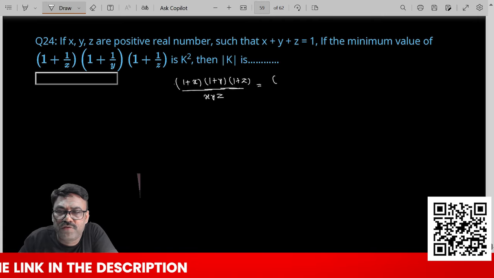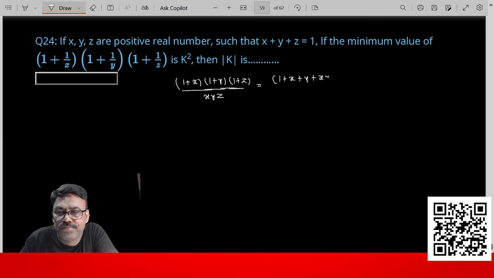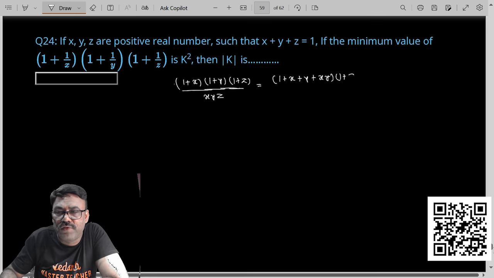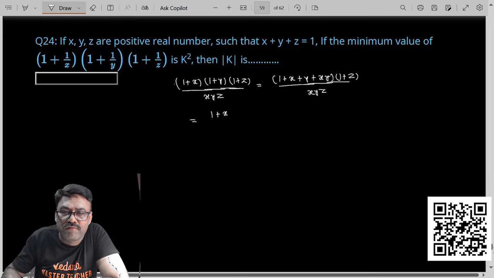If I multiply the first two brackets, I will get 1 plus x plus y plus xy, and then 1 plus z over xyz. Now let's multiply once again. So I will get 1 plus x plus y plus xy plus z plus xz plus yz plus xyz over xyz.